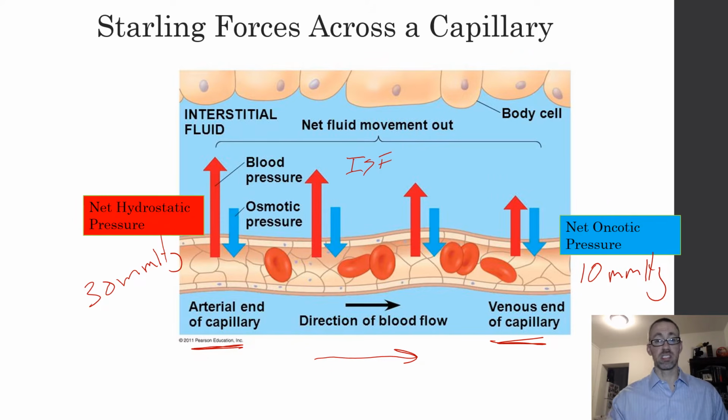It's not proteins that came from the blood vessel. And you also have some fluid in the interstitial space there. So it's going to have its own hydrostatic forces and its own oncotic pressures. And so what we're going to do is compare all these forces to see how fluid is going to move. The calculation for this is all based on Starling forces.